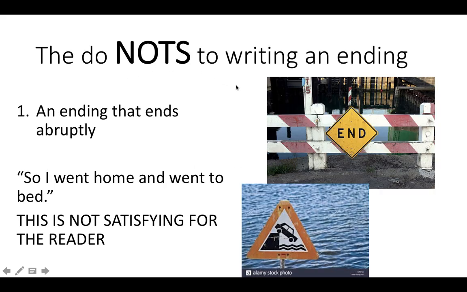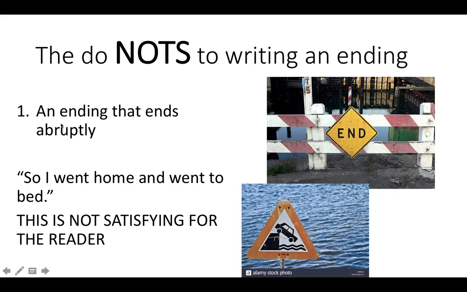The do nots to writing an ending. So these are the things that we definitely don't want in an ending. You have just spent all of this time creating your setting, building your suspense, introducing your main problem, attempting to solve your problem, and we don't want your story to end abruptly.